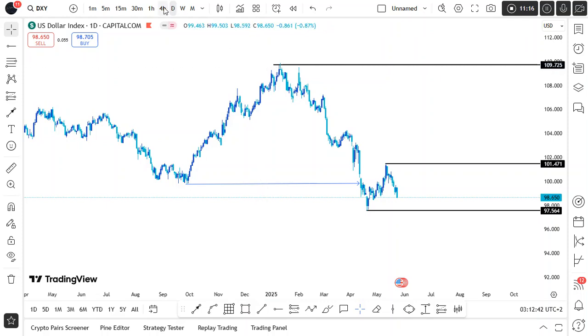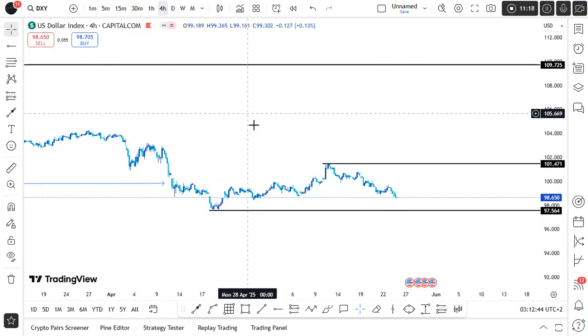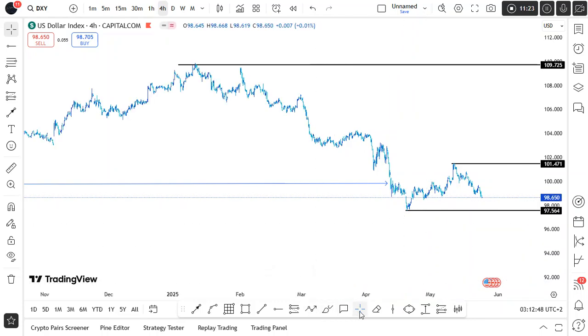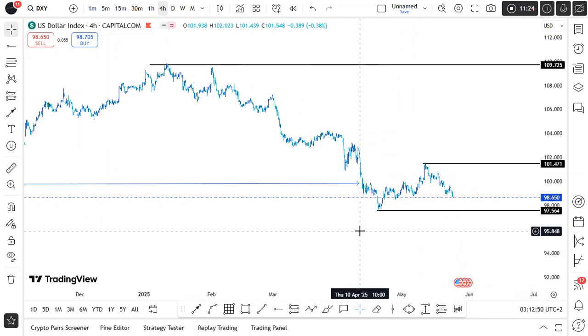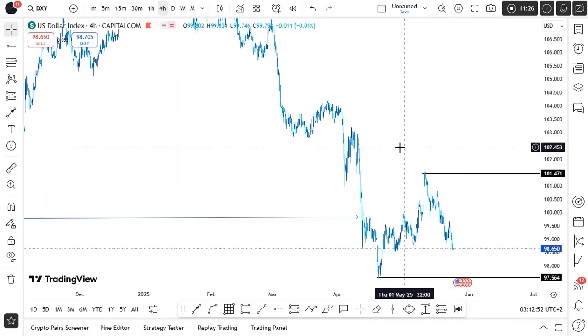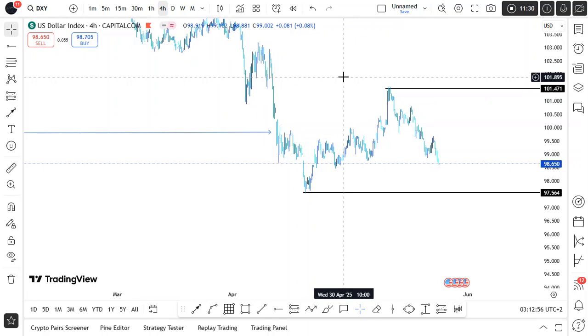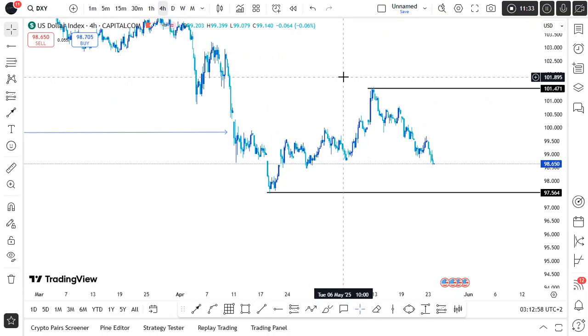Then I move to my 4 hour. When I get to my 4 hour time frame, that's where the price action starts to get applied. So now I'm applying basics. I'm applying what I've been doing on the daily time frame.